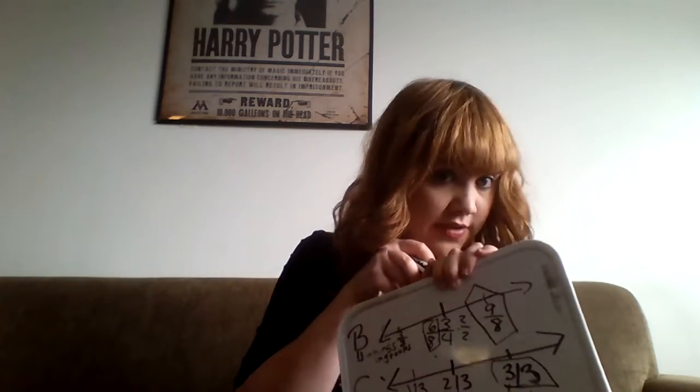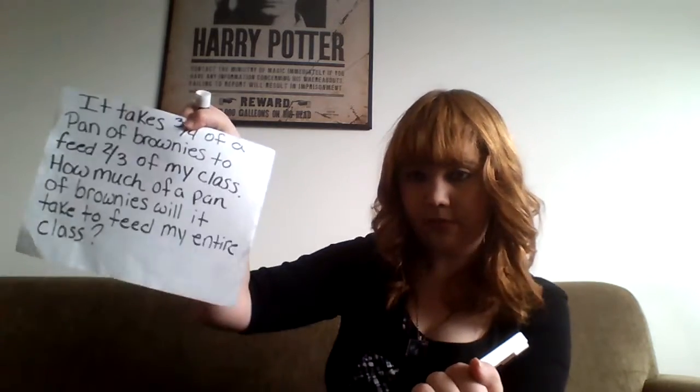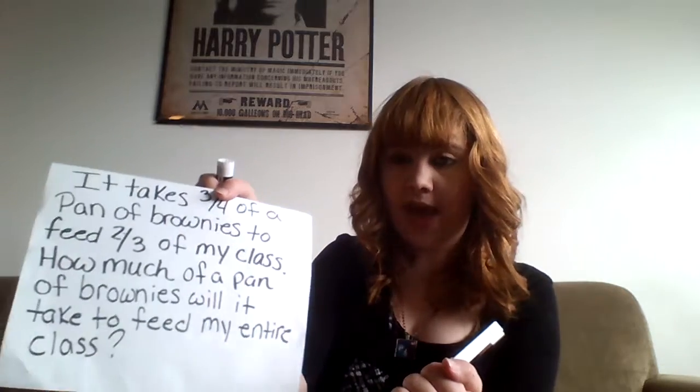Now, in the beginning of this video, I told you that you could find this out by simply dividing. If you look back at our original problem, we had 3/4 of a pan of brownies divided into 2/3 of our class.